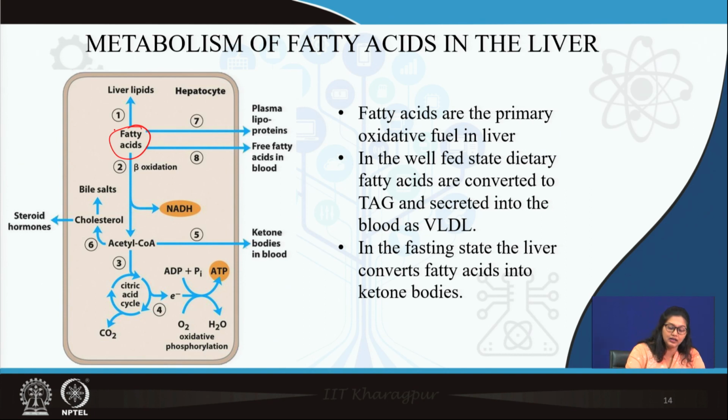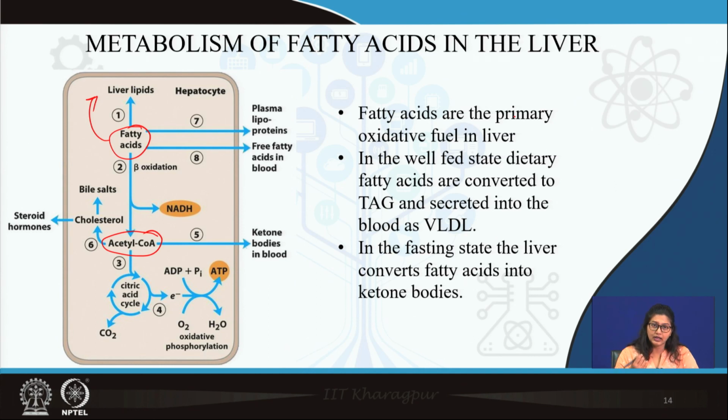The integral liver lipids can be formed from fatty acid, or it can undergo beta oxidation to form acetyl coenzyme A. Now remember one very important thing, fatty acid is the primary oxidative fuel in liver, it is not glucose, it is fatty acid which is the primary choice of liver. So, you know what is the fate of acetyl coenzyme A.